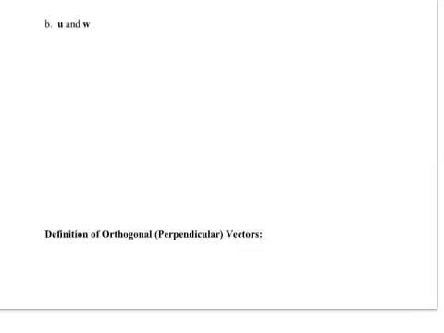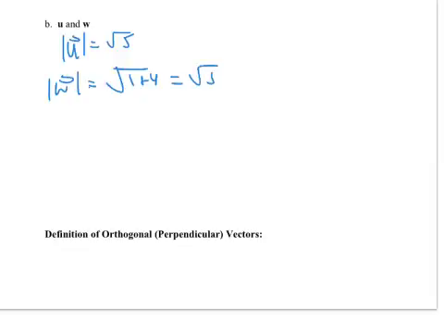So now let's find the angle between u and w. Again, we have the magnitude of u. We already found the magnitude of u is radical 5. The magnitude of w we will find as the square root of 1 plus 4. That's also radical 5.